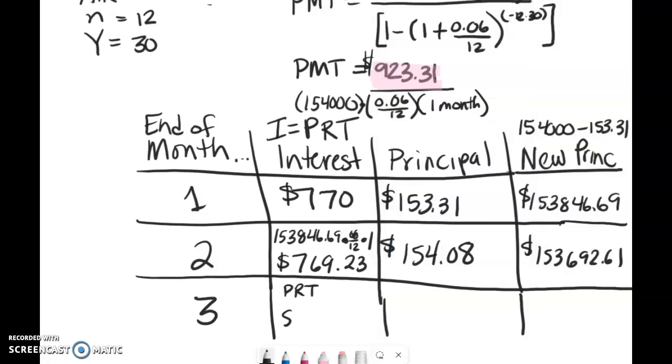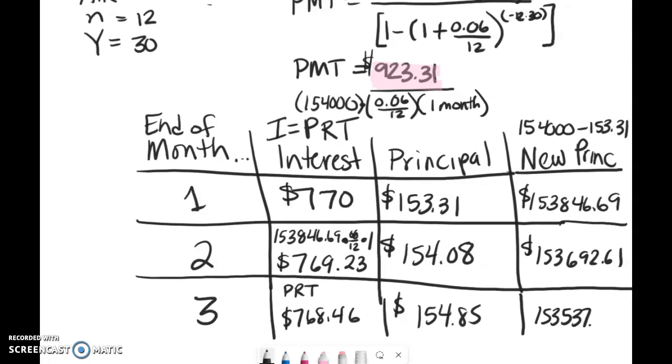And so basically what this is trying to show you is how, as the months go towards the loan term, this is only 3 months, you start to see the pattern that emerges: less is going towards the interest, more is going towards the principal, and the balance keeps getting paid down.